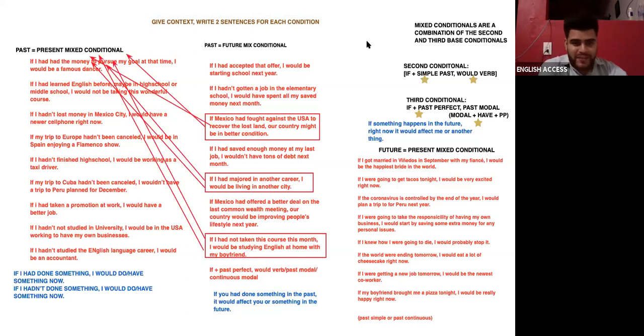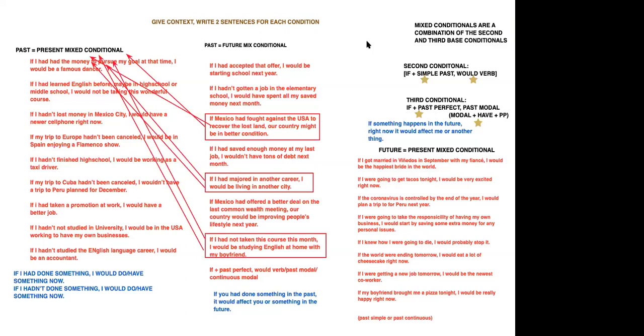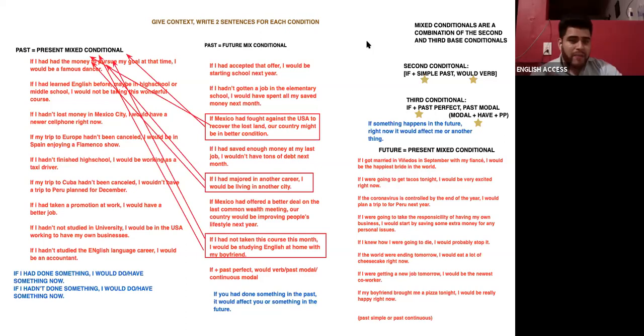So specifically Celine, Carolina, and Claudia, you did not give me any context with any of these sentences. You just gave me the conditional. I want you to mention some context. Like, for example, Celine, maybe you can say, my boyfriend knows English very well.